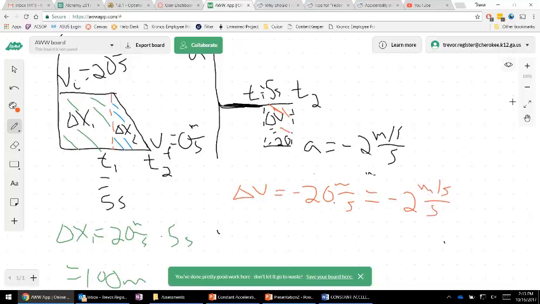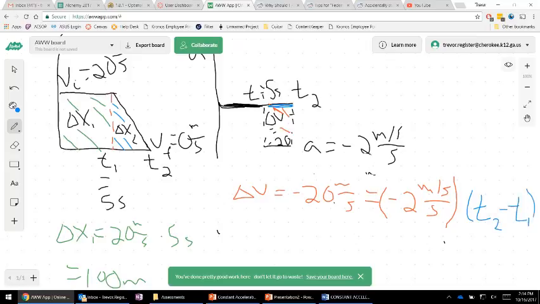The base is not going to be T2. I'll explain why. T2 is the total clock reading, so T2 would be this width right there. But I don't want that entire width. I just want this width right here. So if I want just the width in blue, I'm going to need to do T2 minus T1.